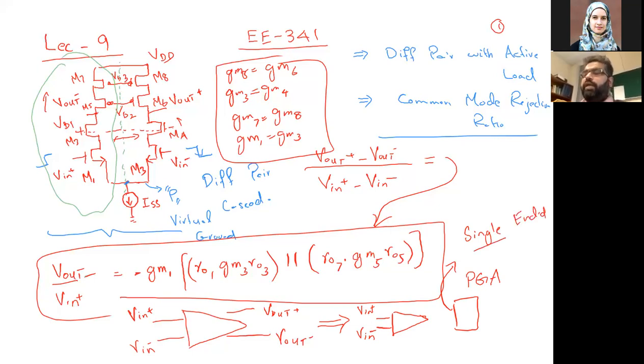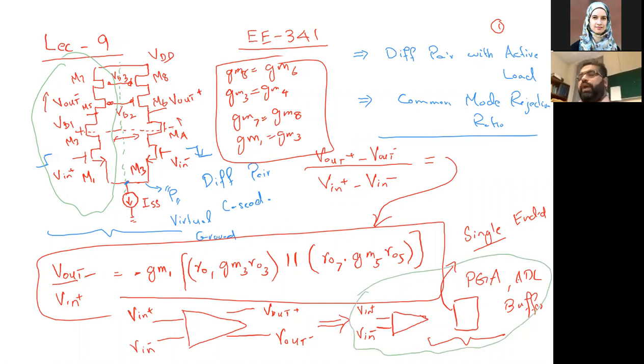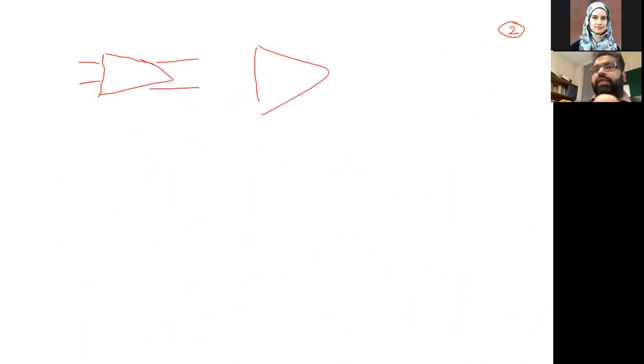The next stage can be an ADC, a buffer, any amplifier, or my load, and I want that load to be single-ended. If that load is single-ended, what's going to happen if I connect this diff pair, which is my structure, to another amplifier which accepts just a single-ended input?